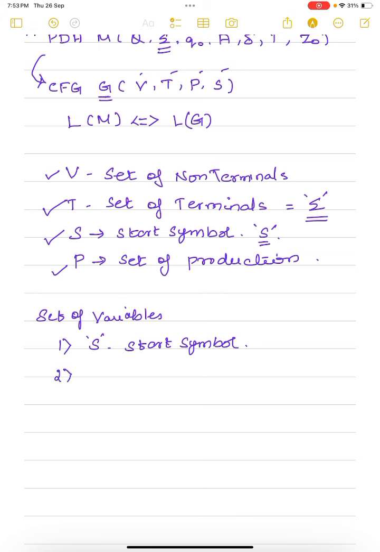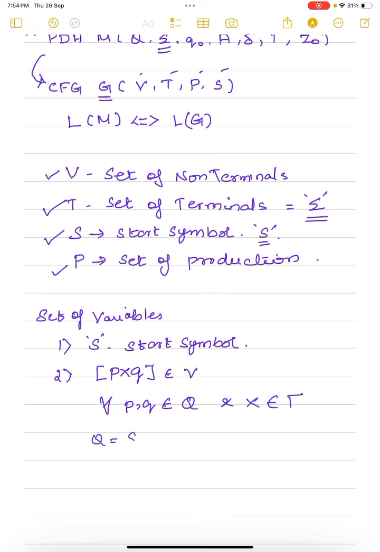Second, we will have the set of variables PXQ. So PXQ is going to be our variable. This belongs to the set of variables for all P, Q belonging to capital Q, the set of states, and X belonging to the tape symbols.